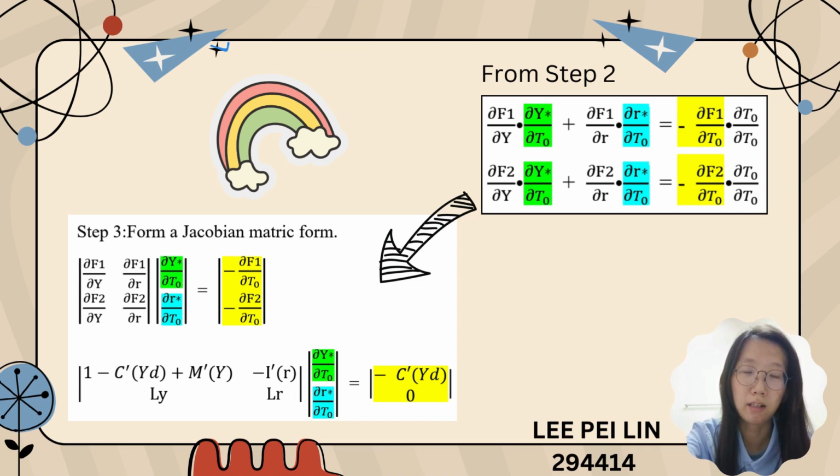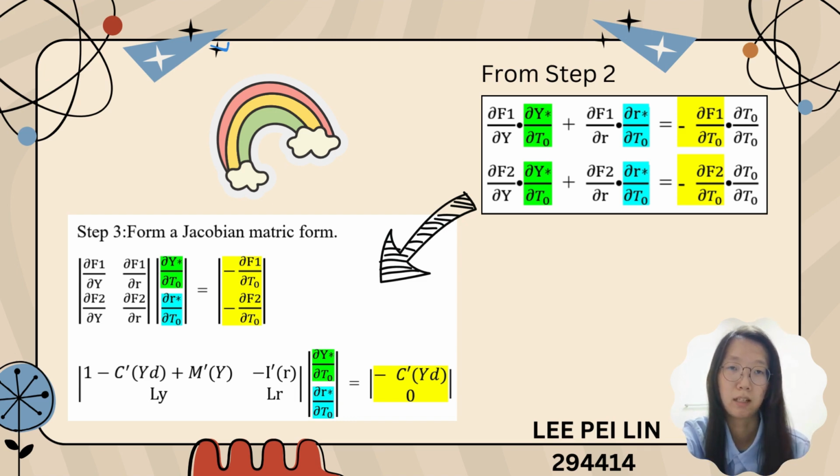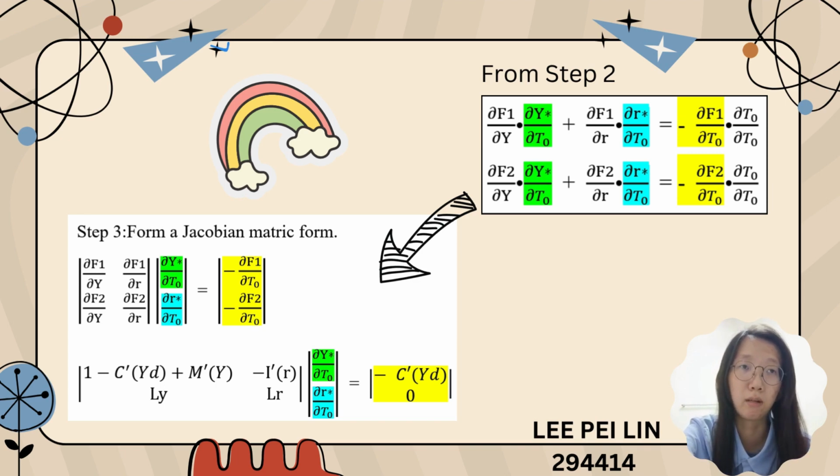If you recall from intro to mathematical economics, the general Jacobian matrix form is the same thing. So we substitute the green highlighted area into the place where we normally put x, and the blue highlighted area into the place where we normally put y. So we continue to form a Jacobian and differentiate each of the terms.